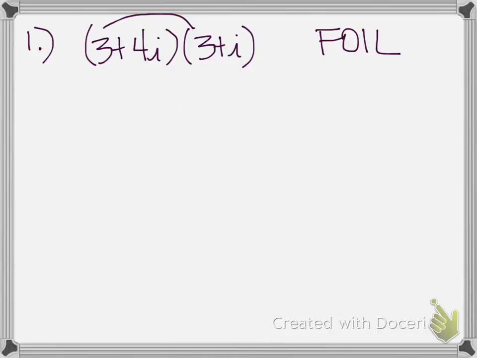My first terms are 3 and 3, so 3 times 3 is 9. My outer terms, 3 times i, so that's 3i. My inner terms, 4i times 3, so that's 12i.